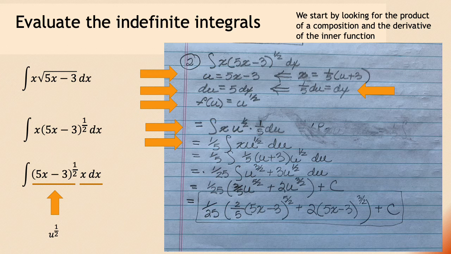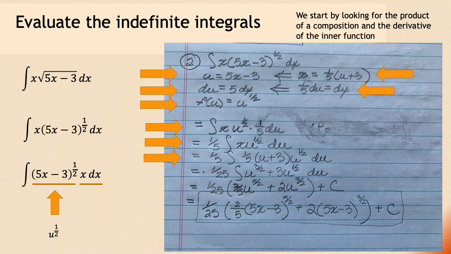And now I'm going to replace the x with 1/5 (u plus 3). Right there is where you go. So now I have an expression which is totally in terms of u. I've gotten rid of all my x's by legitimate calculus and algebraic means.